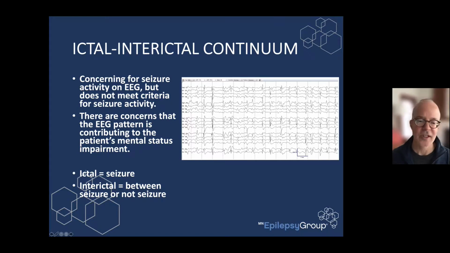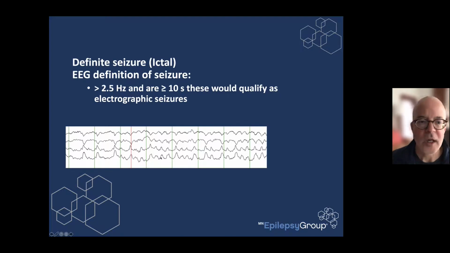So some terminology. I think everyone kind of knows this, but ictal obviously is seizure, and interictal is between seizures. And so that's what the continuum is looking at. So let's talk about definite seizure activity. If the EEG shows discharges greater than 2.5 hertz and greater than 10 seconds in duration, then it would meet criteria for electrographic seizure.